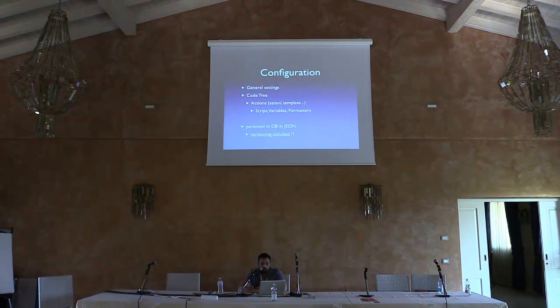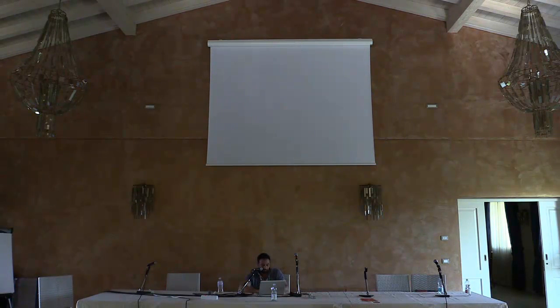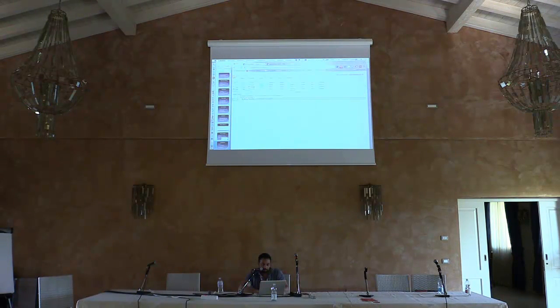All the configurations are persistent in the DB in JSON format, so I can very easily import and export from one portal to another, or simply copy the configuration into another configuration and make some different updates. This is a configuration. I can import it and choose to preserve the configuration ID or not, so I can make a copy of it.